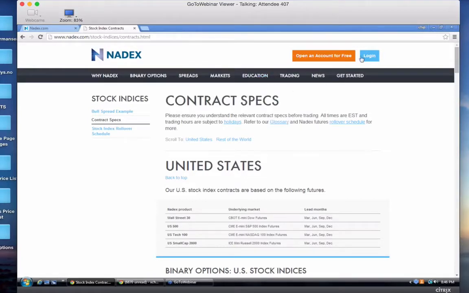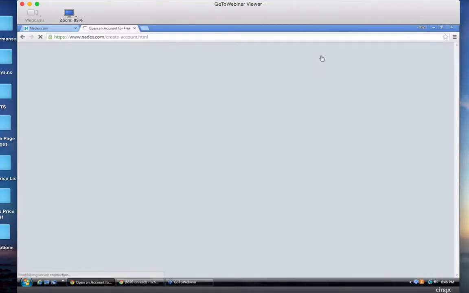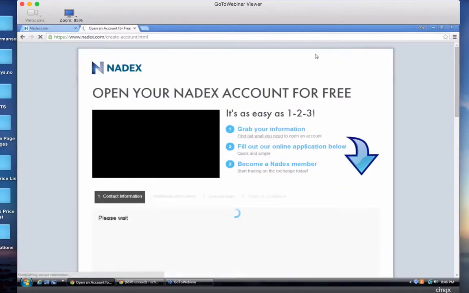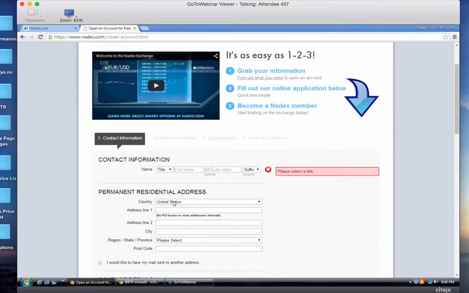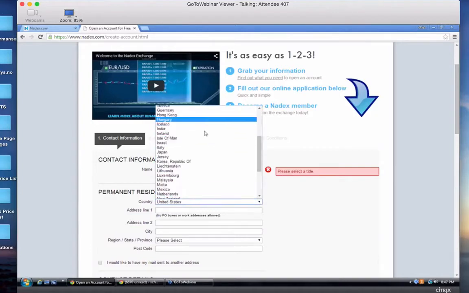Now, when you open up an account, you'll go here and just start filling this out. As for what countries are available where we can accept applications, these are all the countries.